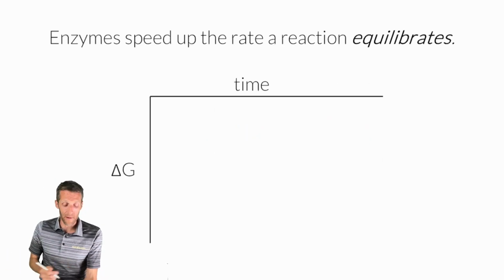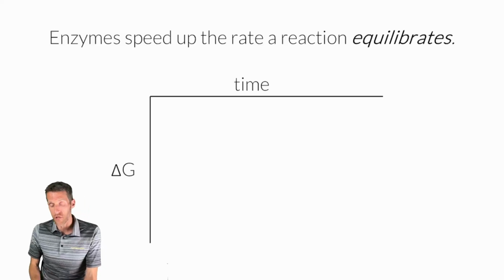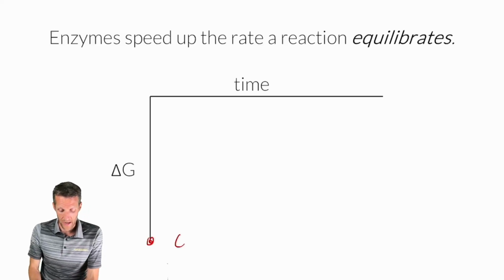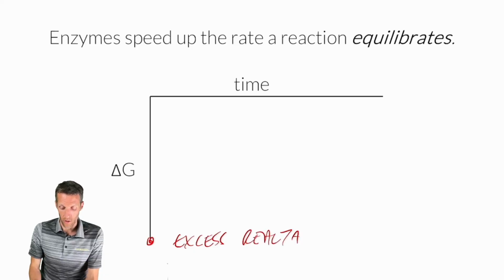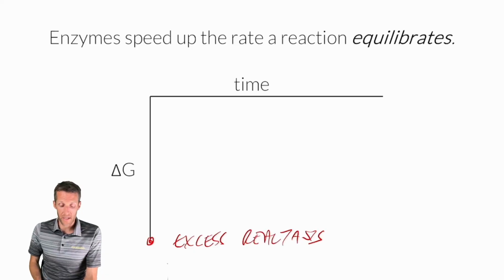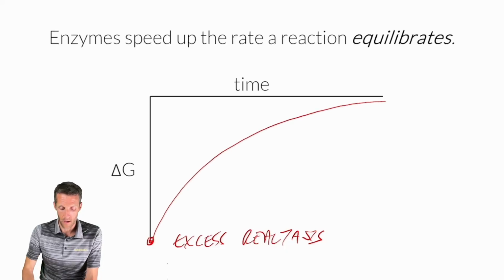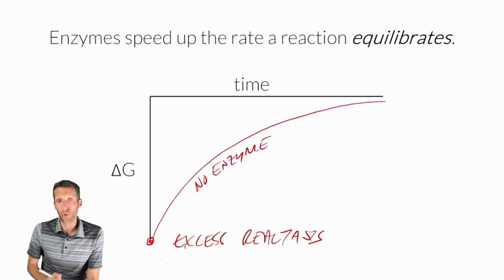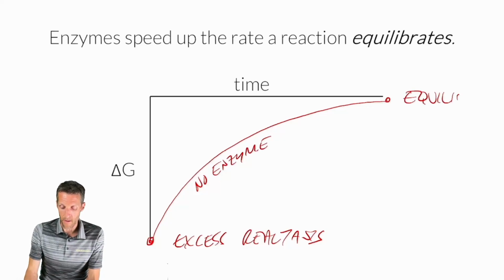So we can put that on a graph like this. Let's imagine we start with a delta G that's very negative. So we've got excess reactants. That's how we're going to start. And what we're going to see over time is this reaction, say without an enzyme, no enzyme, is going to eventually equilibrate to something up here where this is at equilibrium, right?